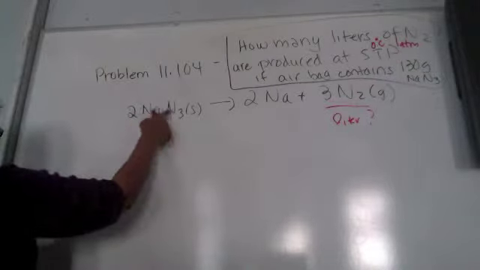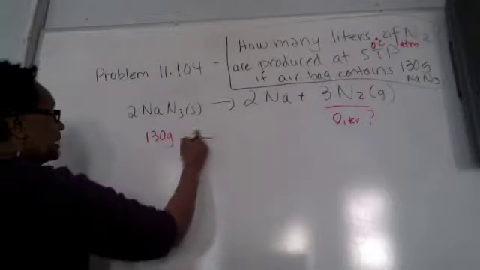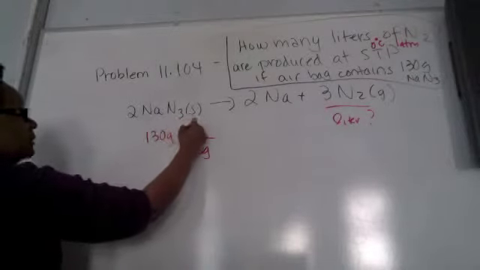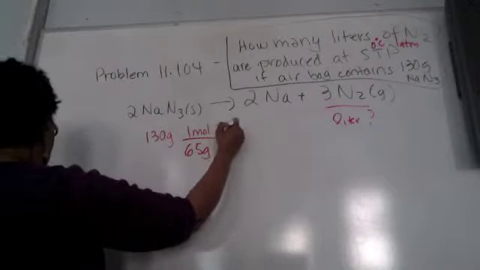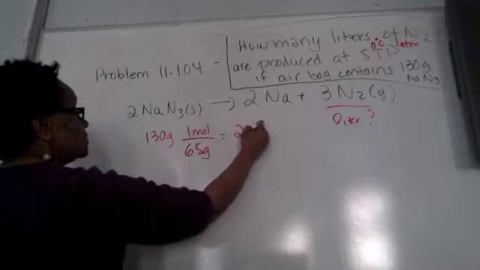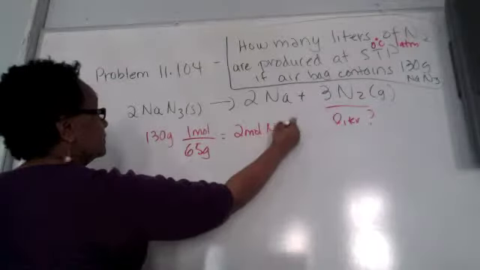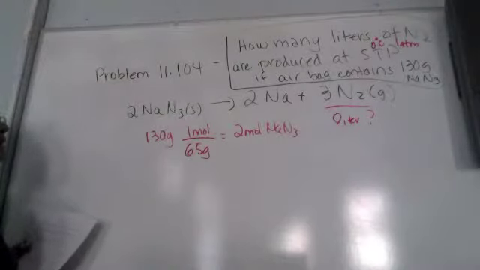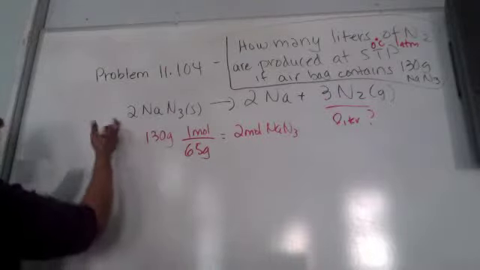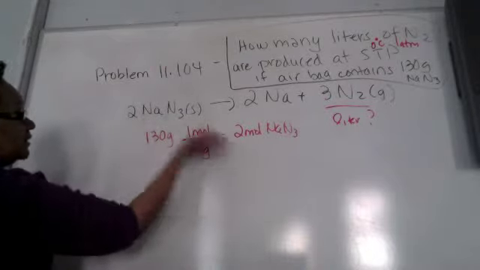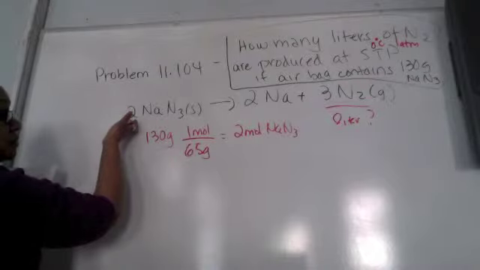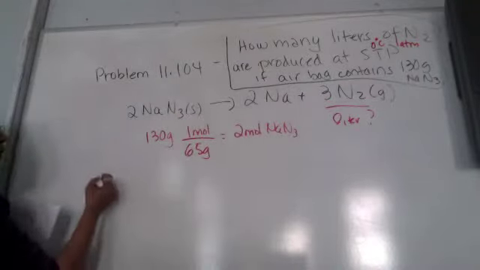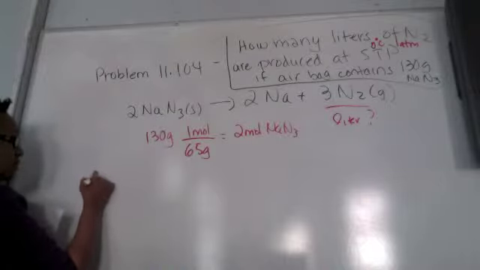So the molar mass, 1 sodium and 3 nitrogen added, is 65 grams of this material per 1 mole, which will give me exactly 2 moles of sodium azide. If you just look at the equation, you know because 2 moles are given, and the stoichiometry requires 2 here, you're going to get 3 moles of that. But we'll go ahead and do it the way you do your stoichiometry.